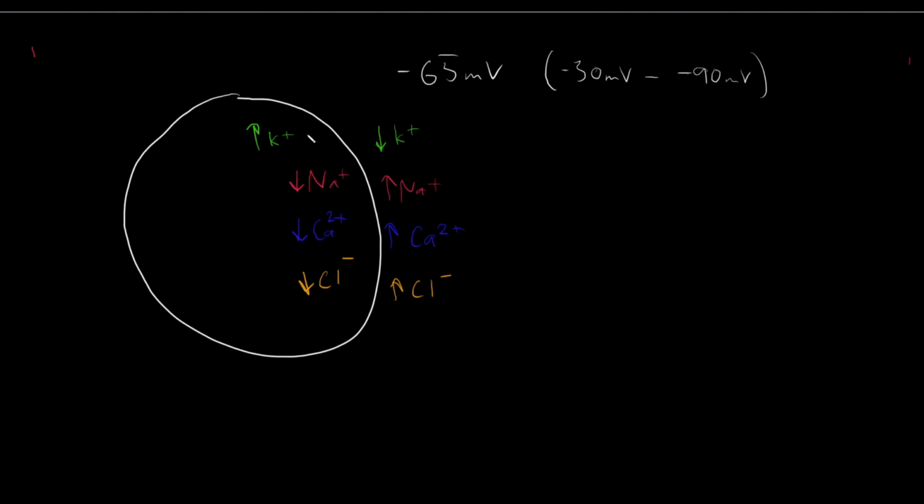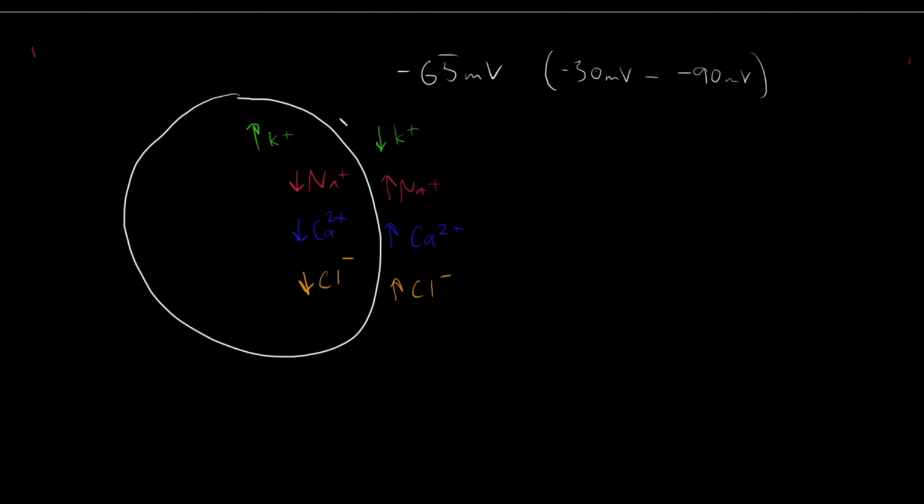So for instance, the first driving force is due to concentration gradient. And what concentration gradient is basically, if you have a high amount on one side and a low amount on the other, the ions are going to want to flow from high magnitude to low magnitude.